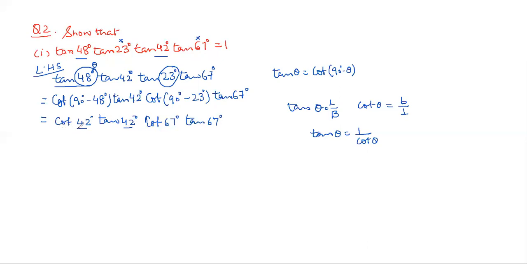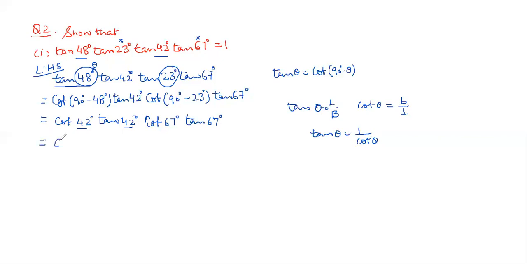Same angles will be called by the same symbol. So cot theta into tan theta, and this tan theta can be written as 1 upon cot theta.